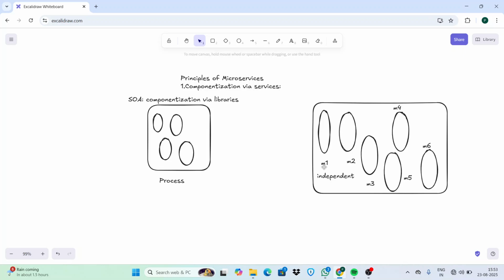That means M1 is a separate application, M2 is a separate application, and somehow they can communicate with each other. Because they are separate, each service can be developed, deployed, updated, and scaled separately without touching the other microservices.